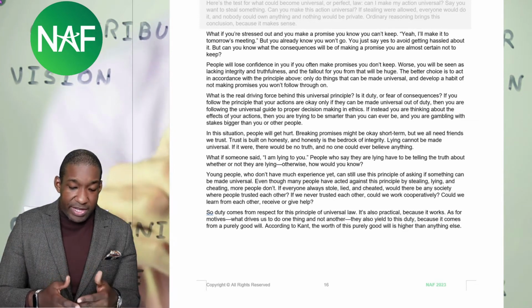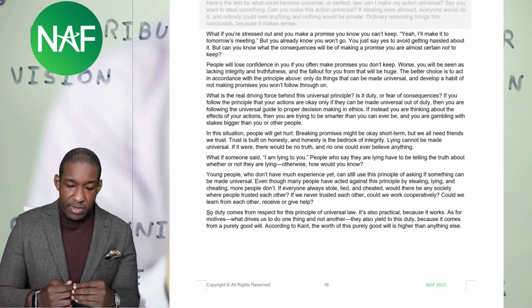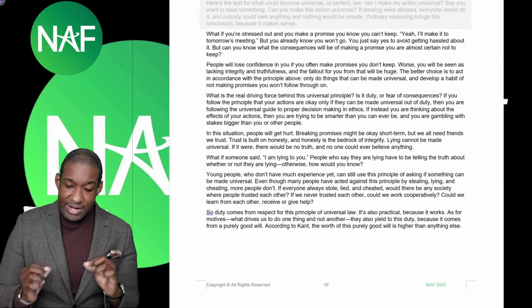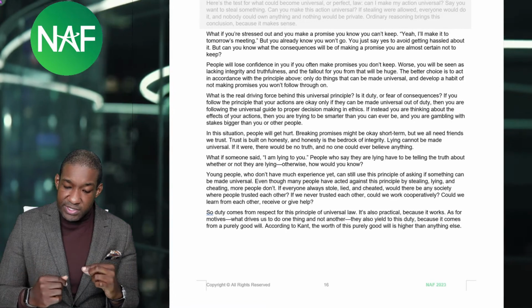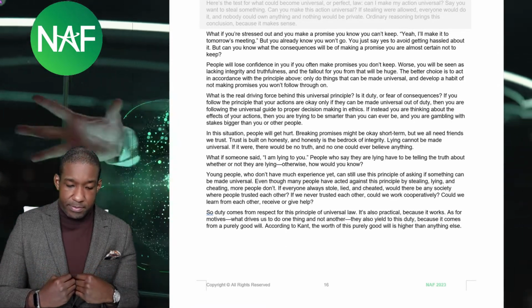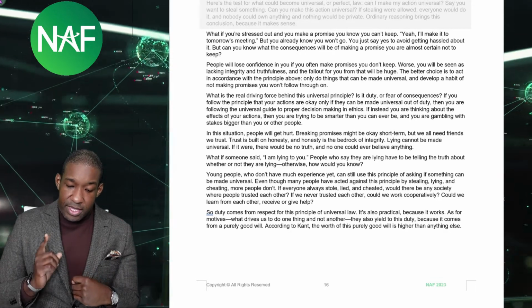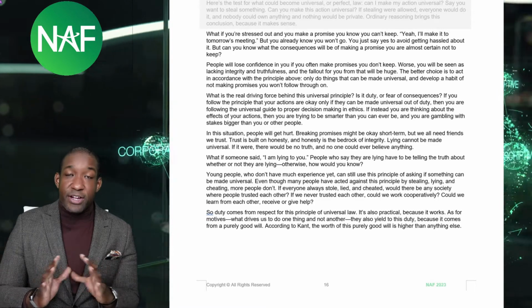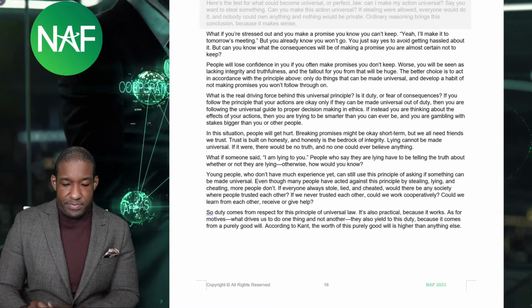It is also practical because it works. As for motives, what drives us to do one thing and not another? They also yield to this duty because it comes from a purely good will. According to Kant, the worth of this purely good will is higher than anything else.